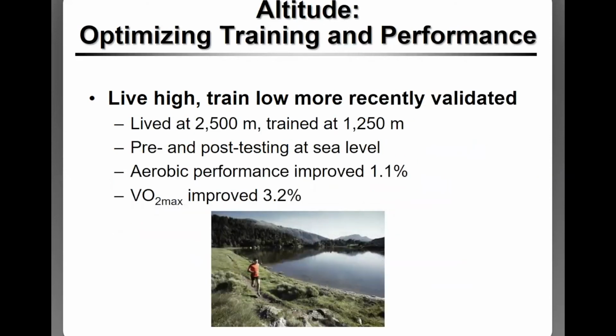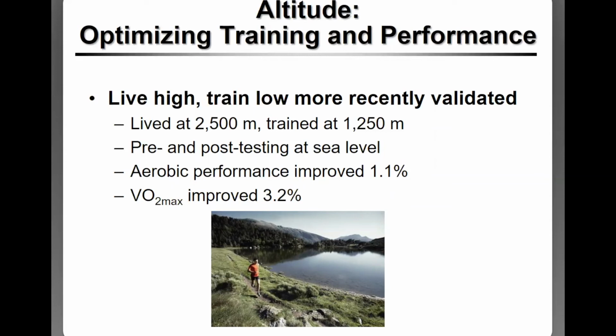So living high and training low has been validated, where athletes would live at 2,500 meters and then train at a lower altitude. Their aerobic performance improved by 1% and their VO2 max improved by 3%. And when you're in the elite athlete status, this 1 to 3% improvement is huge.